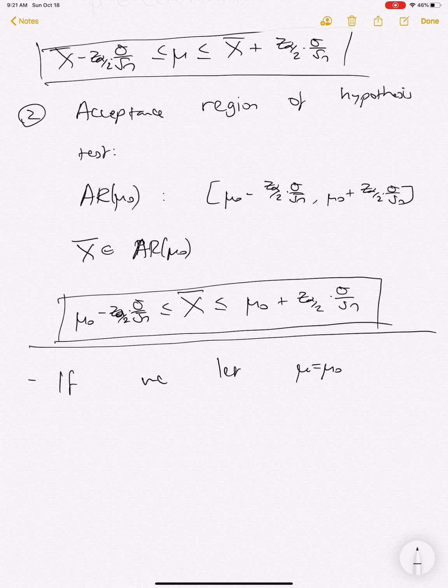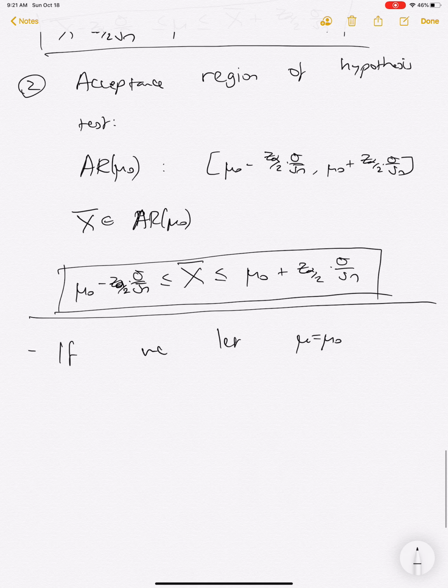This is why it's a duality, because the confidence interval is a function of your data, and you're saying that your parameter belongs to that function of your data. Whereas the acceptance region of a hypothesis test is a function of your parameter, and you're saying your test statistic, which is a function of your data, lies in that region. So let's examine these two regions though.